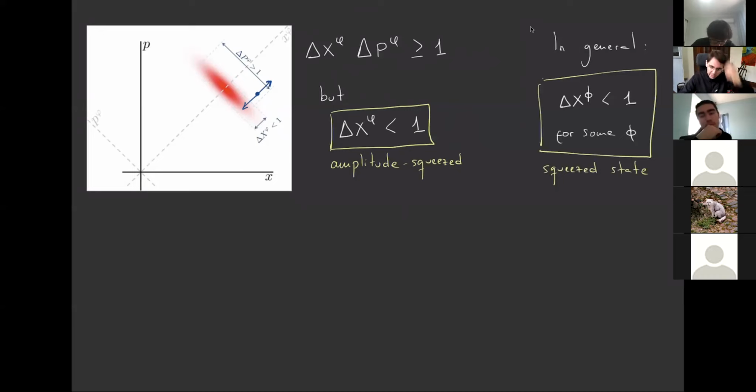And the notation that we will use is that in these conditions, the quadratures x_phi and p_phi we will call the squeezed quadrature and the anti-squeezed quadrature.